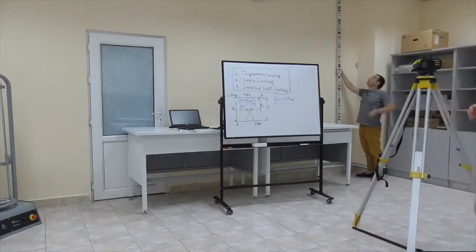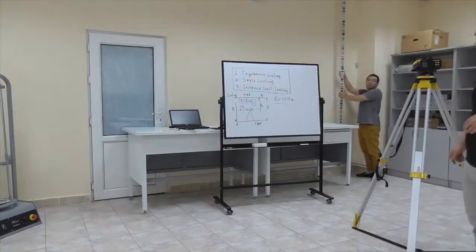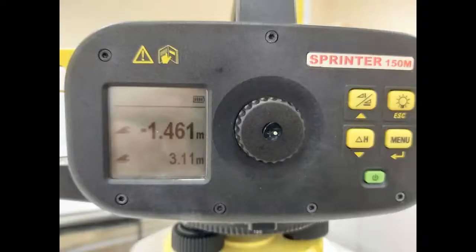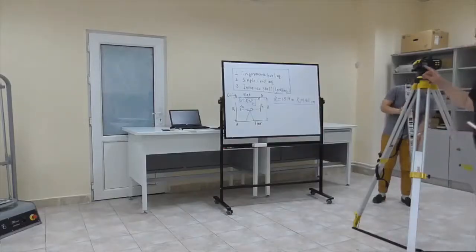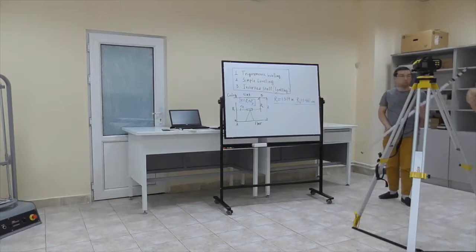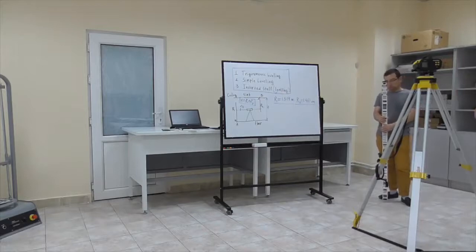So I got the R2 measurement. It is equal to 1.461 meters. Our R2 measurement is treated as negative because we are using the inverted staff method and holding the leveling staff upside down, inverted.